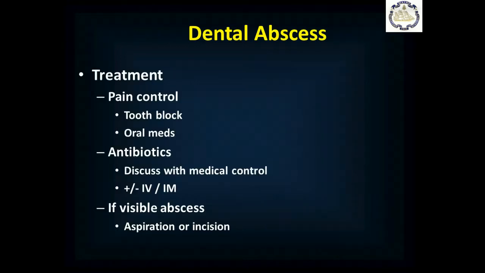So you can do a tooth block there. You may need to give oral pain medications. Talk to medical control about antibiotics. They'll give you their recommendations on what to use, but if you've got facial swelling or a clear abscess, then they do need antibiotics, and if there's a lot of facial swelling they may need to be IV or IM, and if you can see the abscess you may aspirate it or do an incision and drainage.